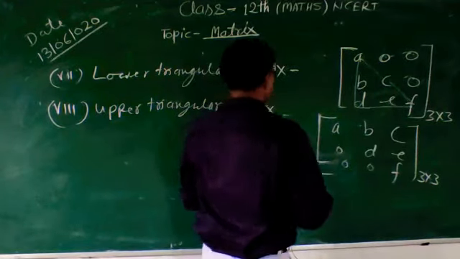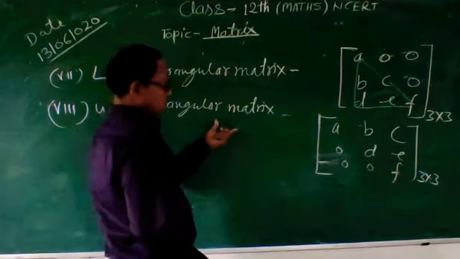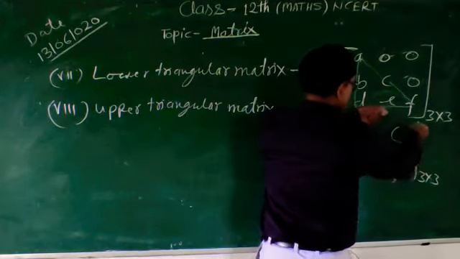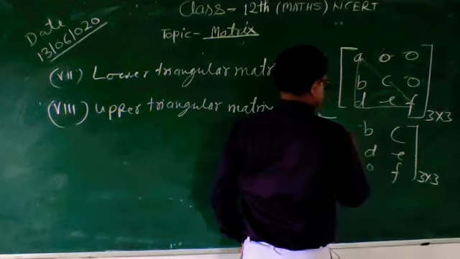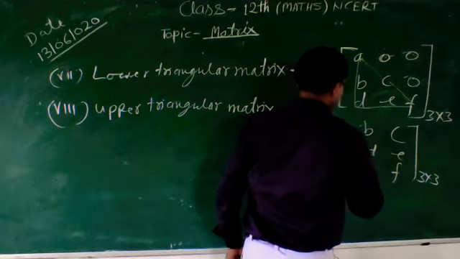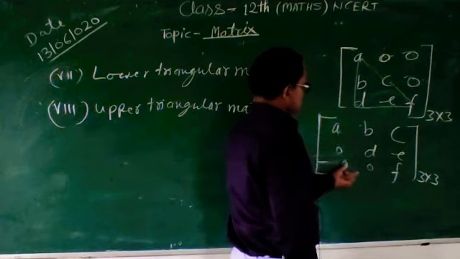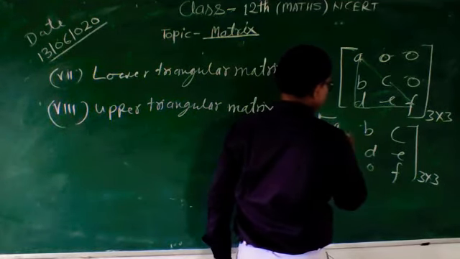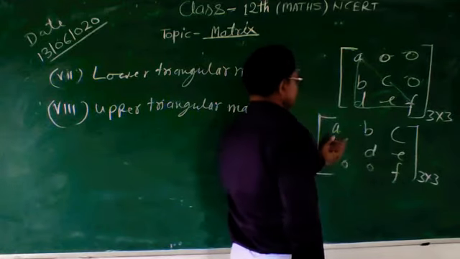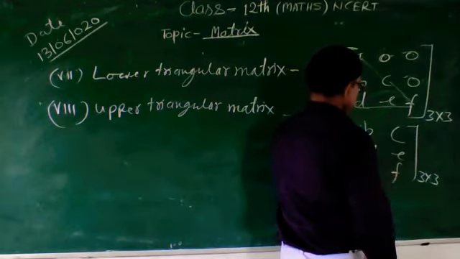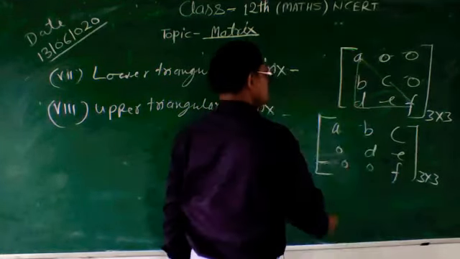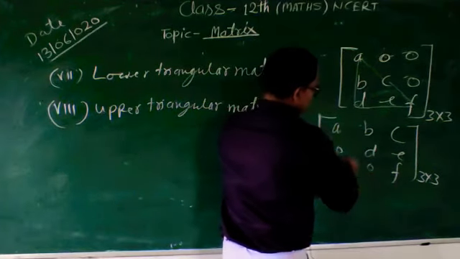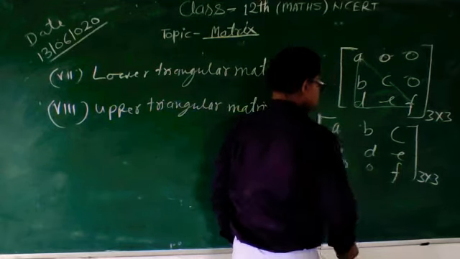We observe that the diagonal is A, D, F, and the lower side elements are 0.